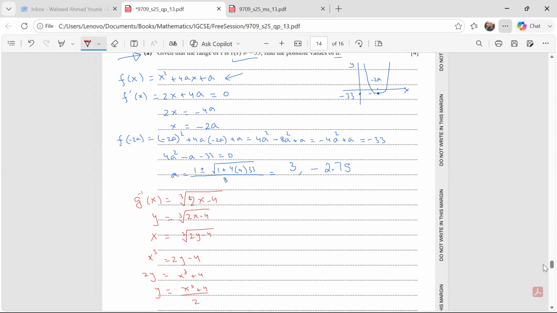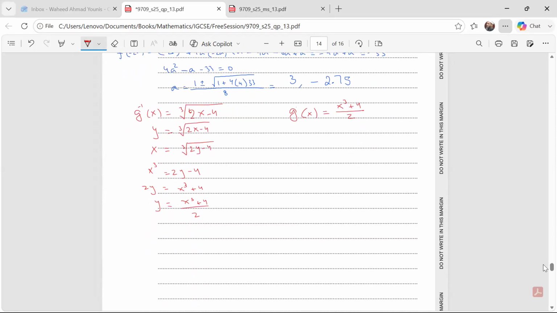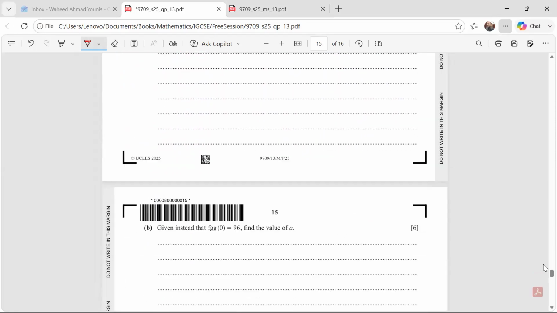So this is the actual function. That means that g of x must be equal to (x cubed plus 4) over 2. Okay, so this is the actual function and this is its inverse function.